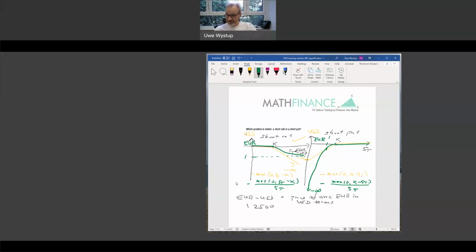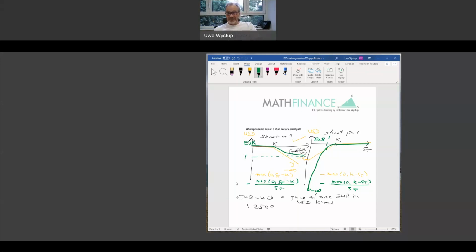So you might get $1 million, but they're not worth anything. If spot goes up, the dollar becomes worthless, and therefore you get nothing. You're paying €1 and getting nothing back. So this is actually your worst case loss, €1. Highly intuitive, I would say.